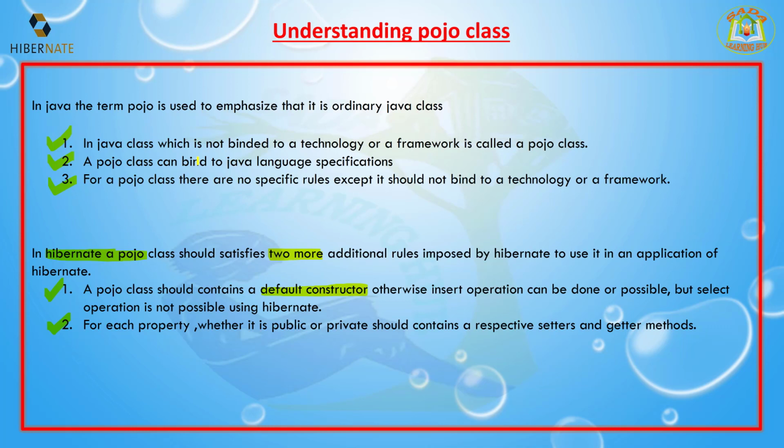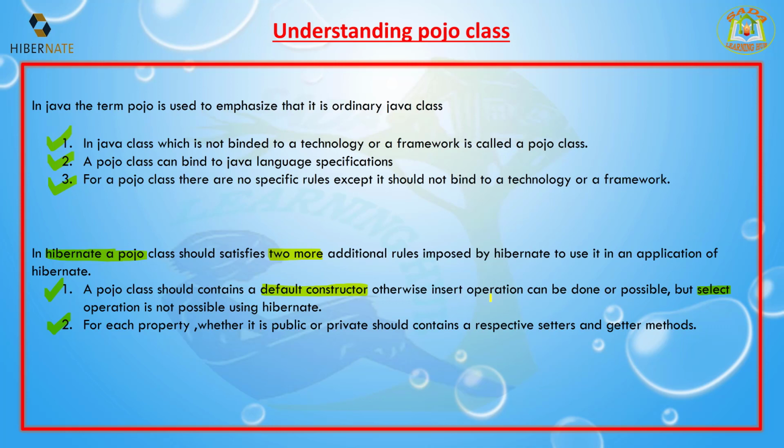Along with these rules, a POJO class must have a default constructor. If you are not writing the default constructor, the select operation fails. For example, if you are not writing any default constructor in your POJO class, the select operation fails.